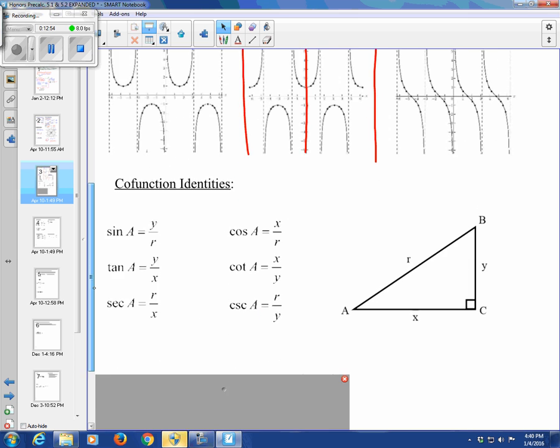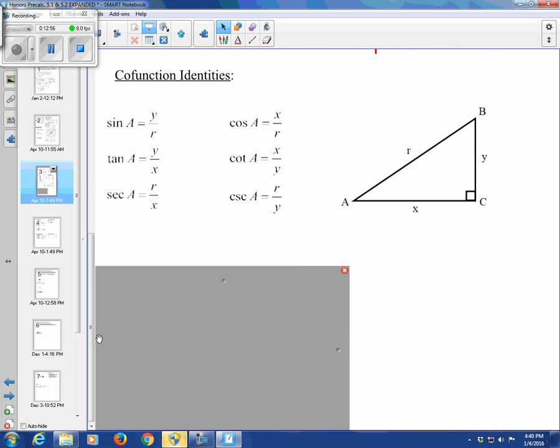So moving on, we can move on to our co-function identities. Now right here, we've got a reference triangle with an angle of perspective A. So there's the angle perspective A in our reference triangle. Now, right here, we can go through and define our trig functions for that reference triangle.